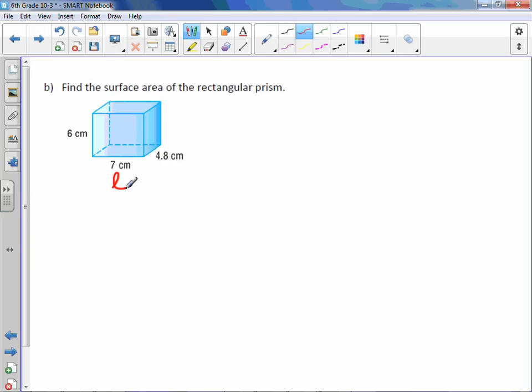Okay, let's mark 7 as our length, 4.8 as our width, and 6 is our height. It really doesn't matter on a rectangular prism what your length, width, and height are.